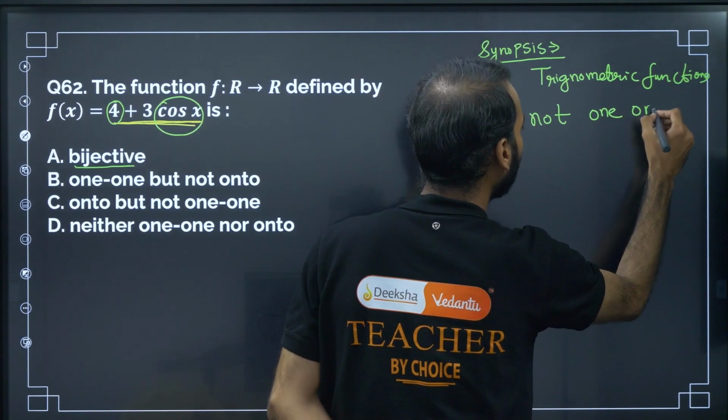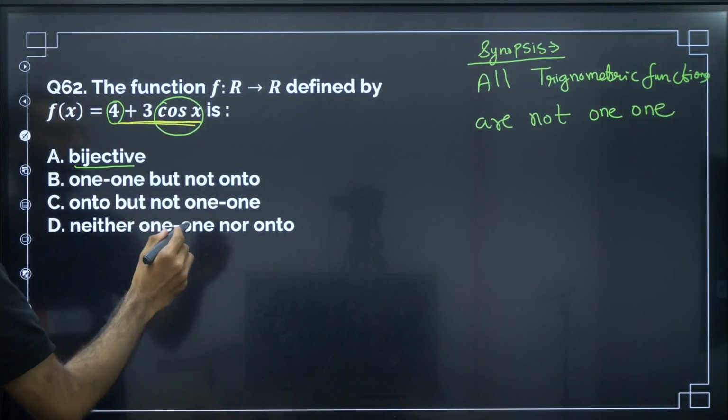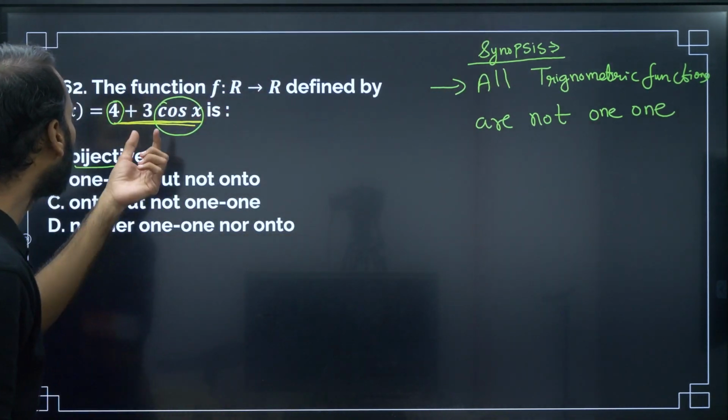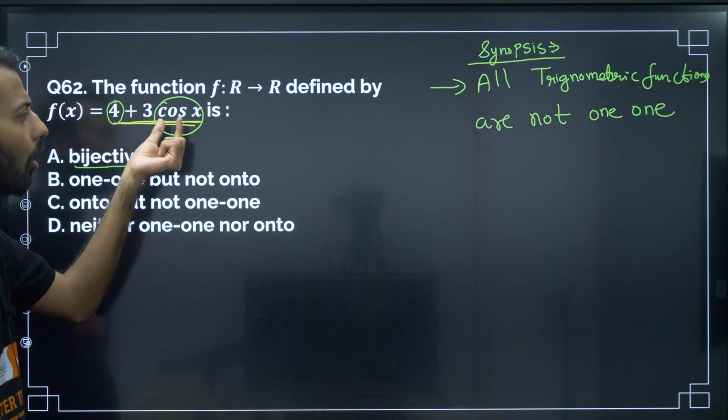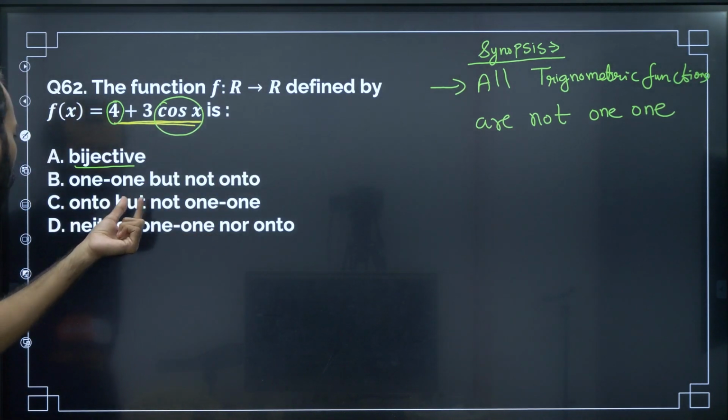In fact, they are many-one. You mark this point. So here a trigonometric function is there, cos is a trigonometric function, so this is not one-one. Is there any option with not one-one?